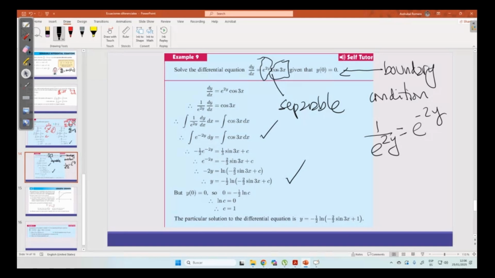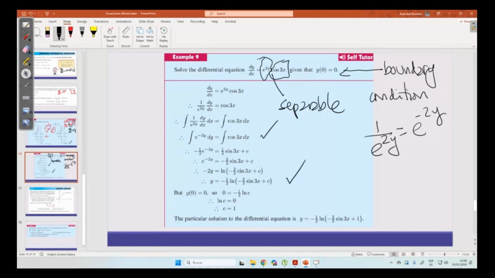It's horrendous, but it's not as horrendous as it looks, because we were able to solve it algebraically. The really horrendous ones are the ones that you cannot solve.